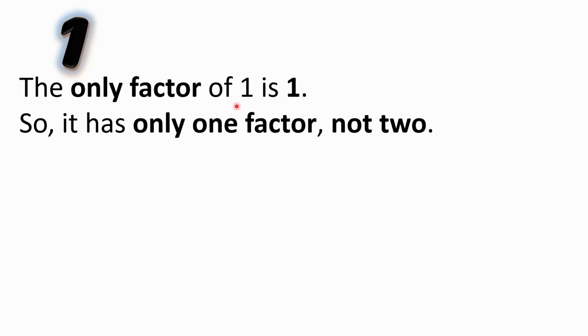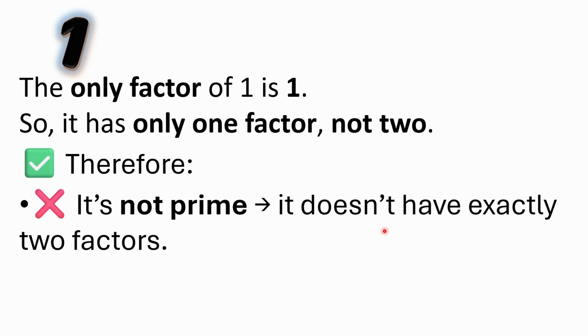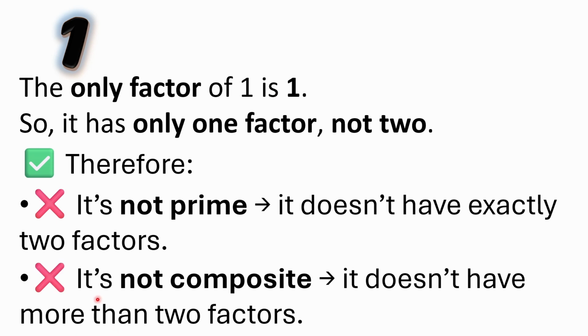The only factor of 1 is 1. So, it has only one factor, not 2. Therefore, it's not prime. It doesn't have exactly 2 factors. And it's not composite. It doesn't have more than 2 factors. So again, 1 is not prime and 1 is not composite.